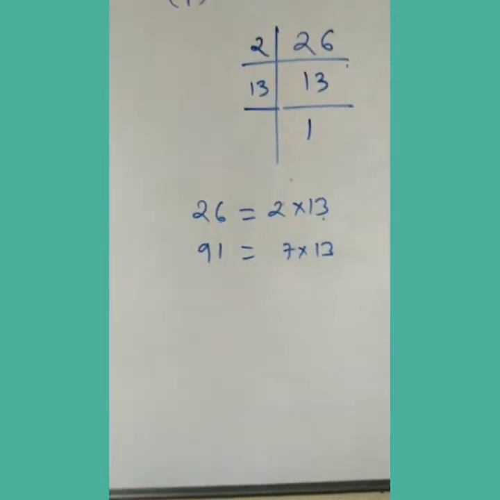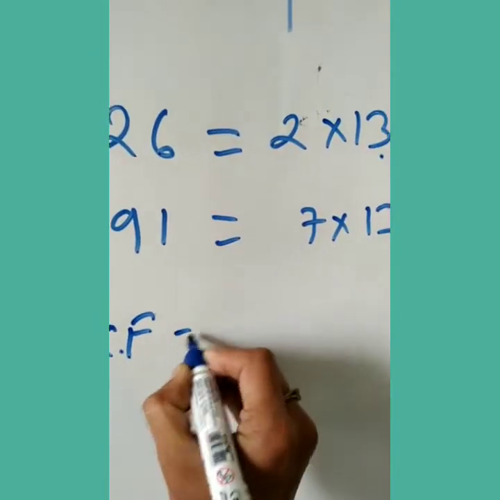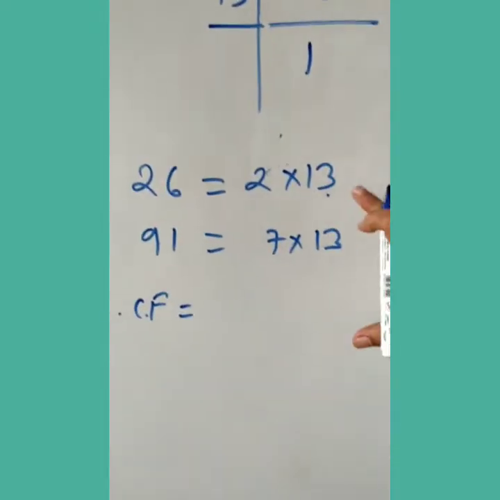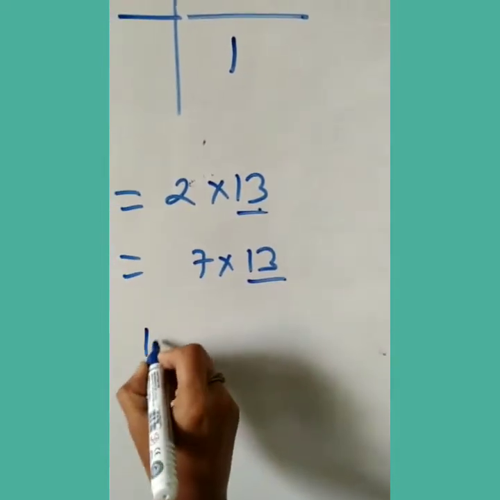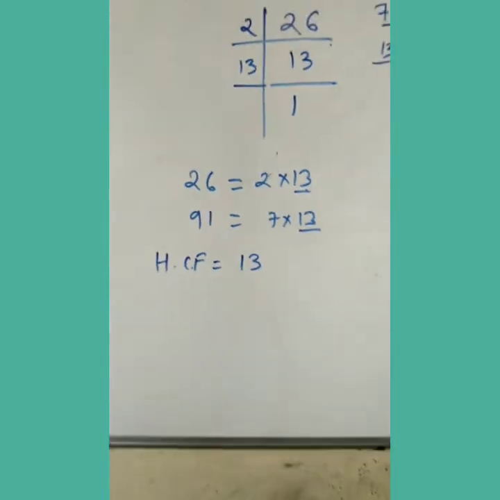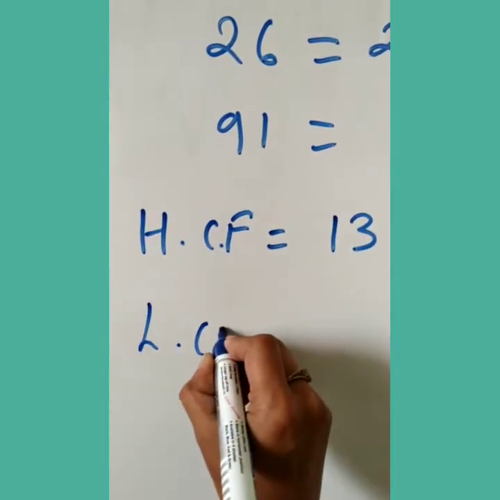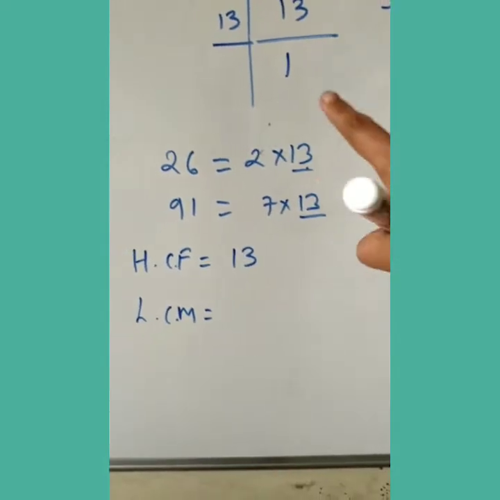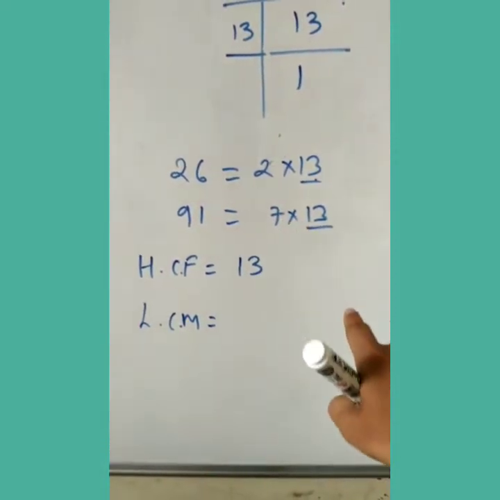Now the next process is that we have to find the HCF of the particular numbers. HCF means the common factors in both; 13 is common in both, so we will write 13 as the HCF. Here we have to find the LCM of those numbers. It means we have to write 13 as well as the remaining numbers, 2 and 7 also.